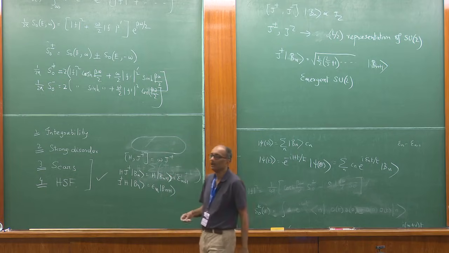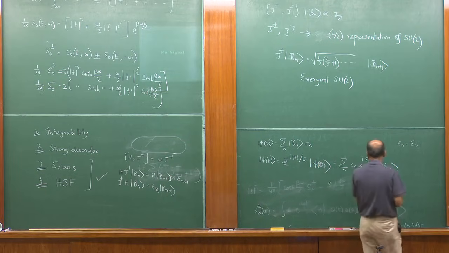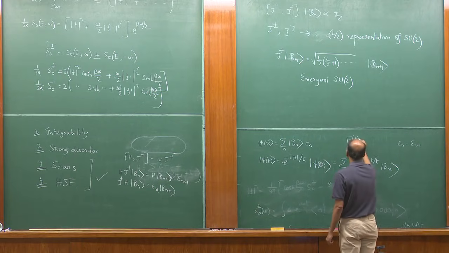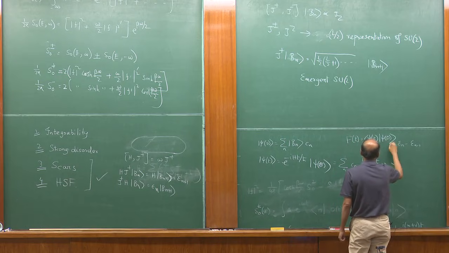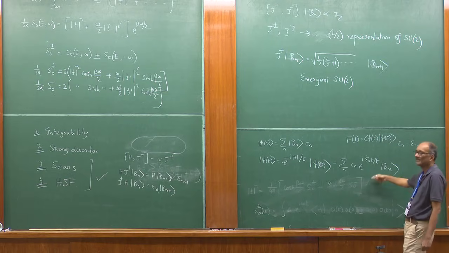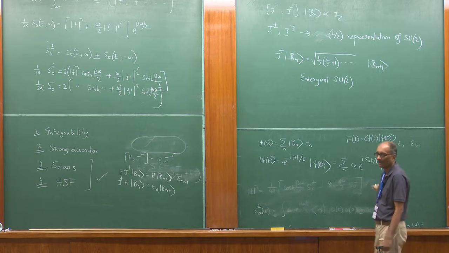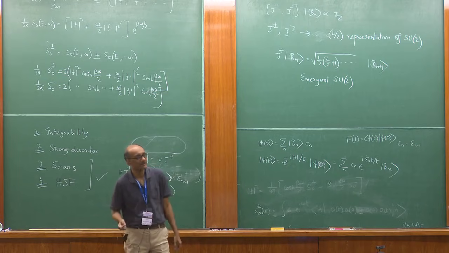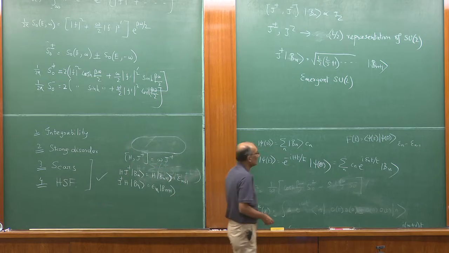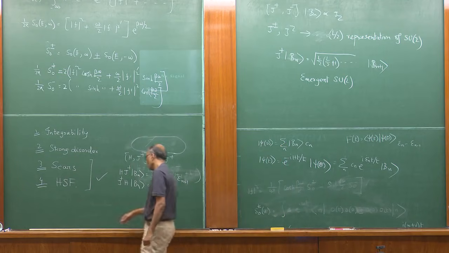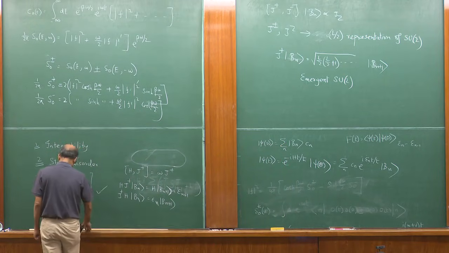So ETH is going to say that this f of t, which is the overlap of psi t with psi 0, is going to rapidly go to 0, whereas this is going to give an oscillatory behavior. So this is one of the examples where there is a clear violation of ETH in this kind of system. I'm going to show you some plots in a minute, but let me just try to do one more thing.